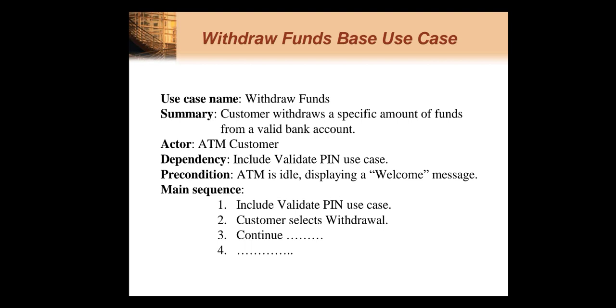Now here comes the dependency part. In the last lecture, when we took the relationship, I told you about dependency. This base use case is dependent on the validate PIN use case. Until the PIN is validated, you cannot withdraw the cash. So we can say this base use case is dependent on the validate PIN use case because it includes the validate PIN use case.